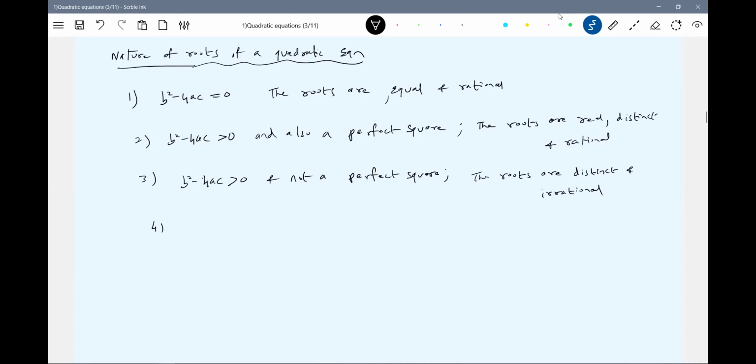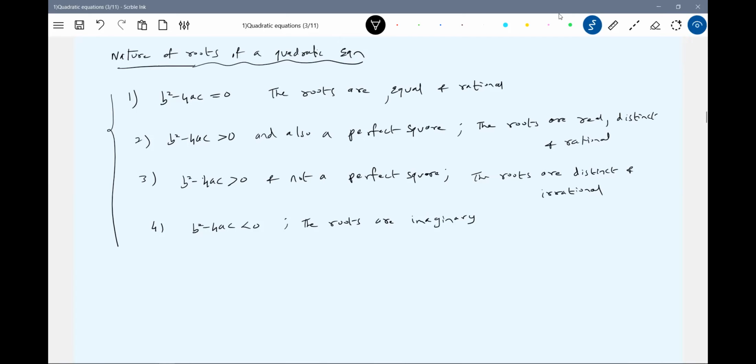If b square minus 4ac is less than 0, the roots are imaginary. These are some basic ideas of the nature of the roots.